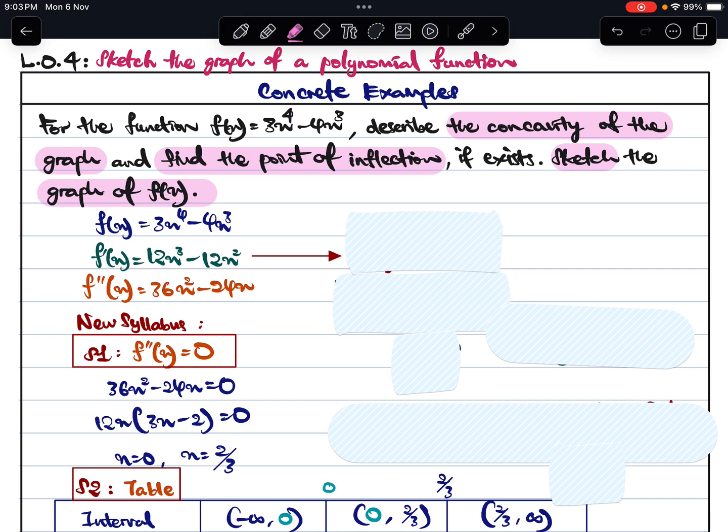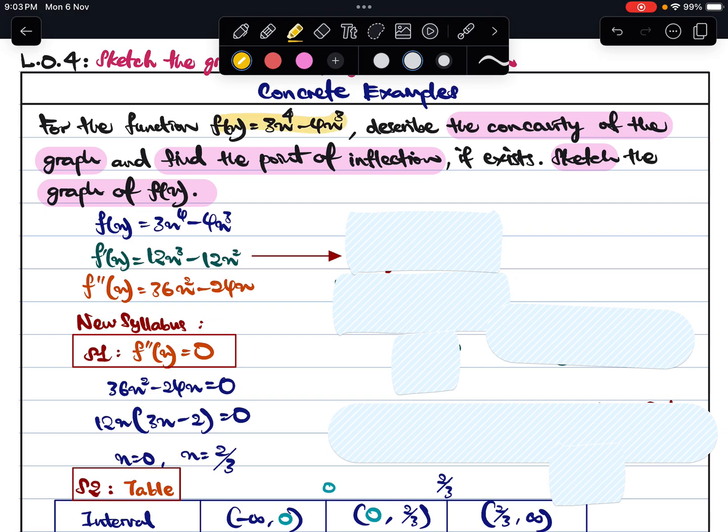Make sure you highlight your function there, your quartic function, alright? So this quartic function is f(x) equals 3x to the power 4 minus 4x cubed. In order to find the point of inflection or its concavity, we cannot forget about this first step.